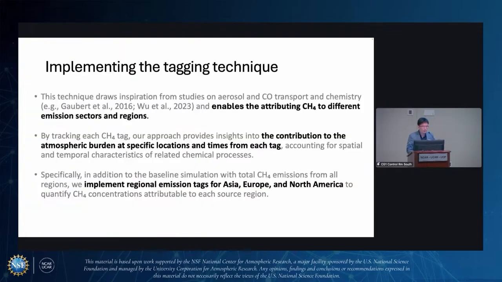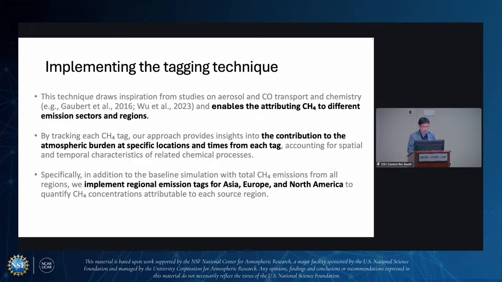The key innovation in our research is the tagging technique. This technique draws inspiration from studies on aerosol and CO transport and chemistry, and enables attributing methane to different emission sectors and regions. By tracking each methane tag, our approach provides insights into the contribution to the atmospheric burden at specific locations and times for each tag, accounting for spatial and temporal characteristics of related chemical processes.